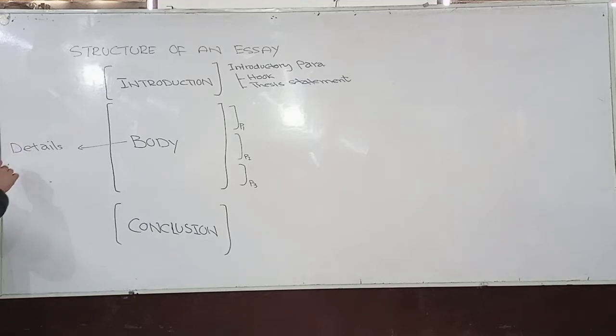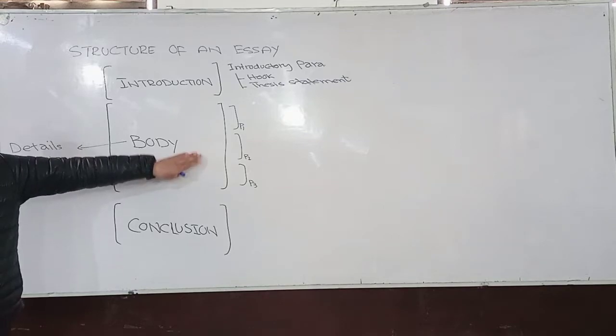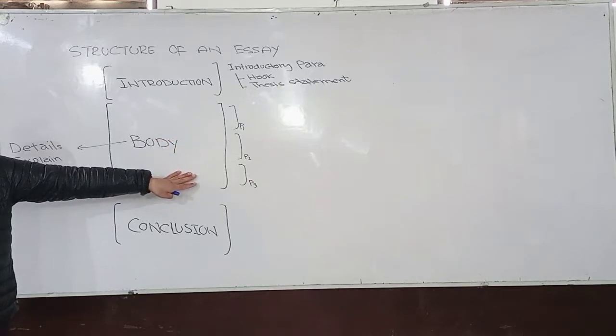You could say that you're going to explain, you're going to elaborate, you're going to support your point of view. So any discussion, elaboration, details, explanation is required. You have to do it where? In the body of the essay.